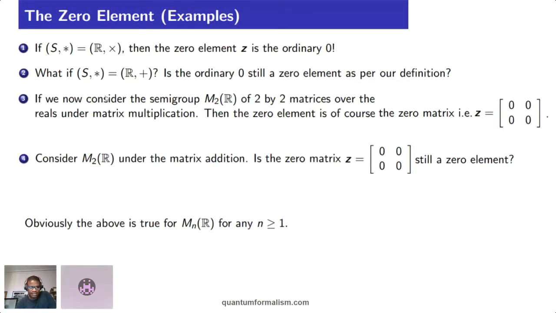Okay, and here's another example: the 2x2 matrices over the reals. Under matrix multiplication, the zero matrix is obviously a zero, right? And again, if we consider the same 2x2 matrices under addition, and the question is whether this thing is a zero element, the answer is also no, right?